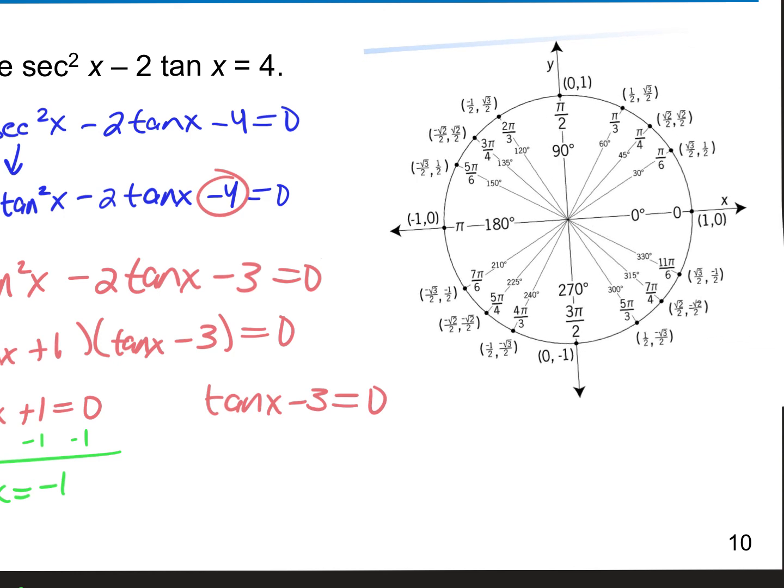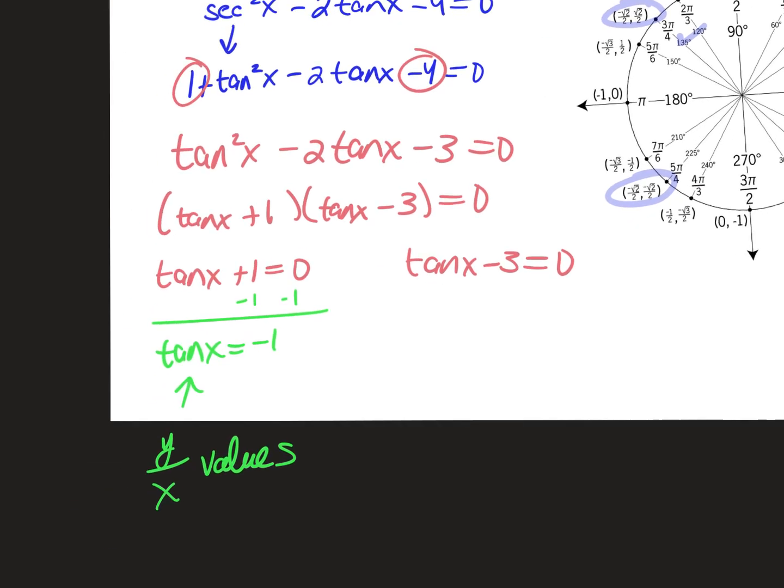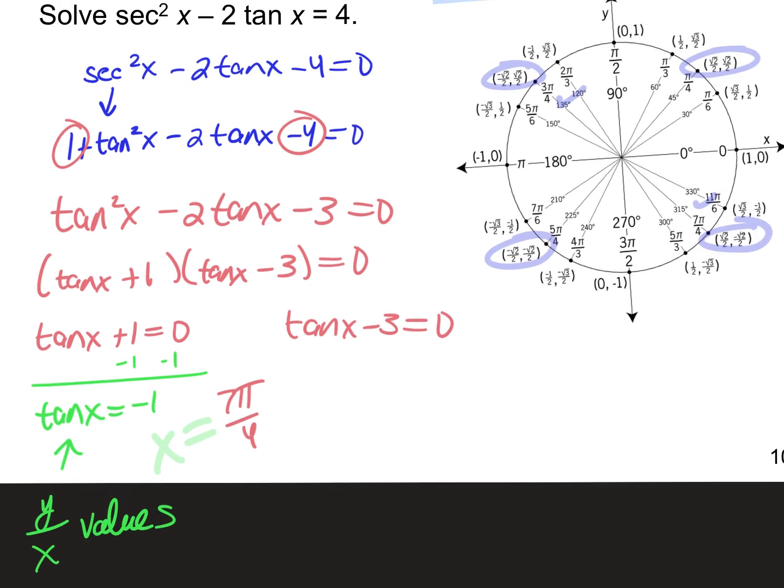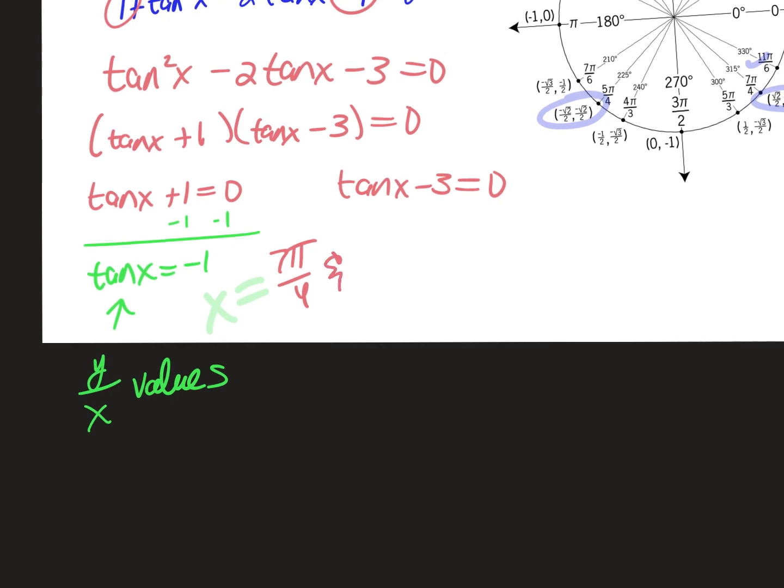So our ordered pairs that are root 2 over 2 are going to give us a tangent of 1 or negative 1. Since I want it to be negative 1, it has to be one positive value and one negative value. So that is going to be our 3 pi over 4 and our 7 pi over 4. So your answer here would be x equals 7 pi over 4, and we said 3 pi over 4, right? And 3 pi over 4.